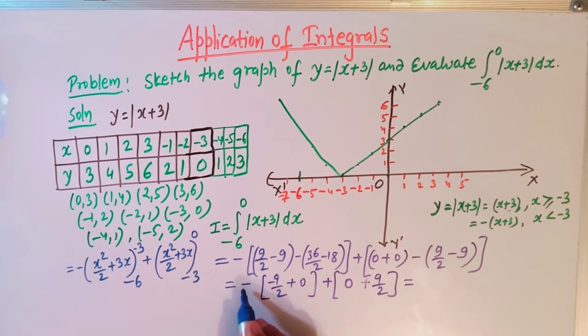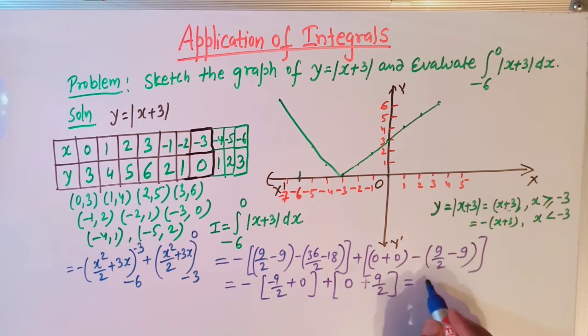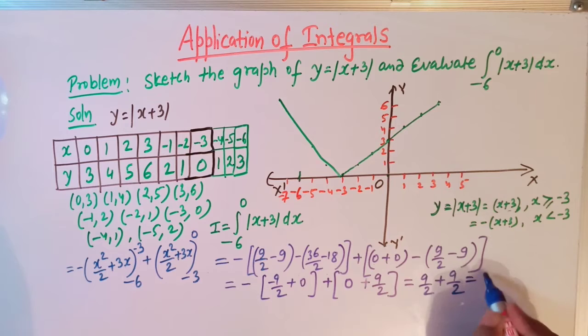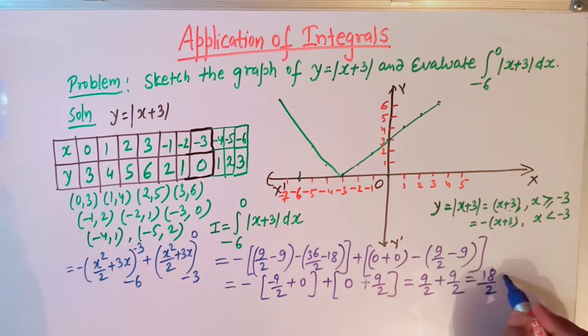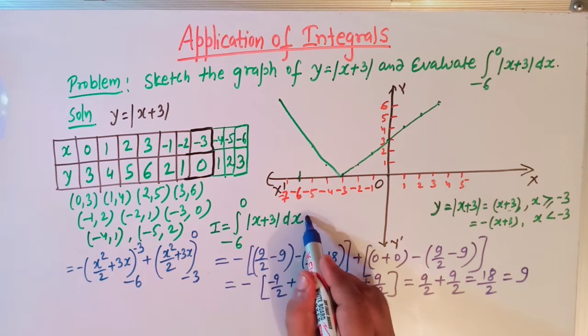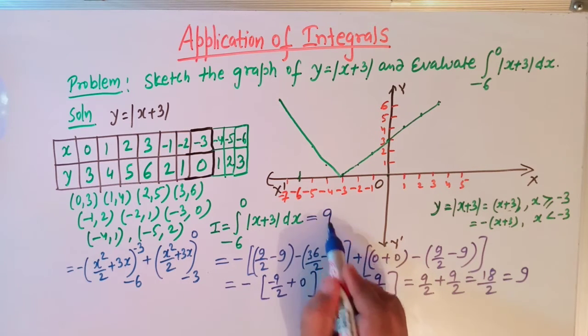Clear? Now this is minus and minus plus, so we have 9 by 2 plus 9 by 2, so we have 18 by 2, so we have 9. Okay, so the value of this integral is 9.